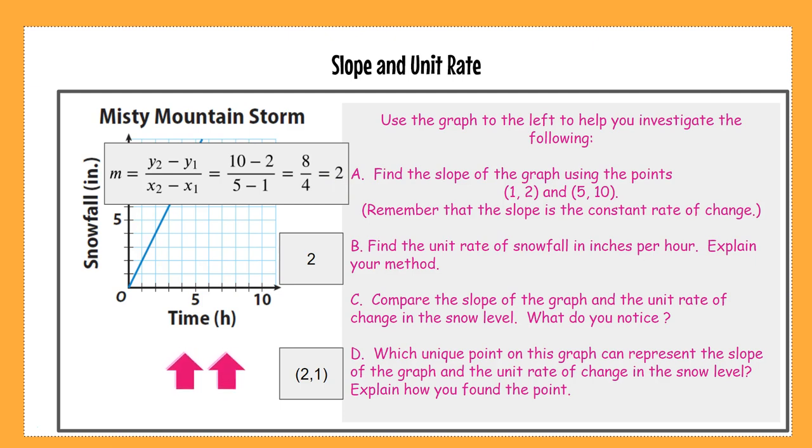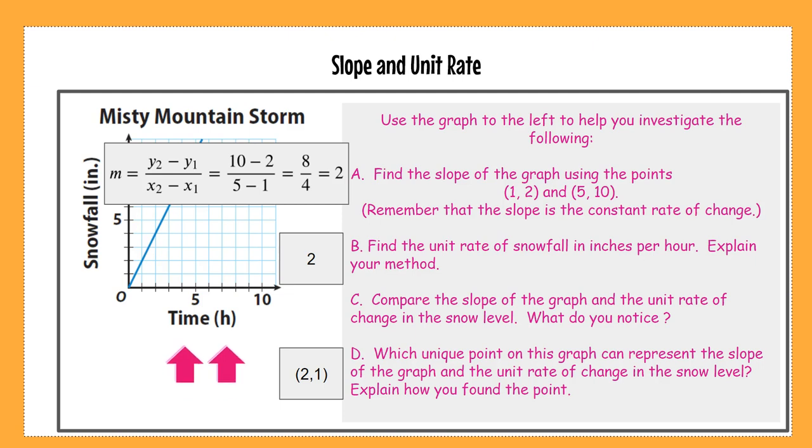Well, if I find the unit rate, that is also 2. You may have used a variety of different methods, but the unit rate is 2, right? So I could find a point on here, and if I use (5, 10) up there and divide 10 over 5, I'm going to find the unit rate. If it falls 10 inches in 5 hours, how much does it fall in 1 hour? Well, it falls 2 inches in an hour.